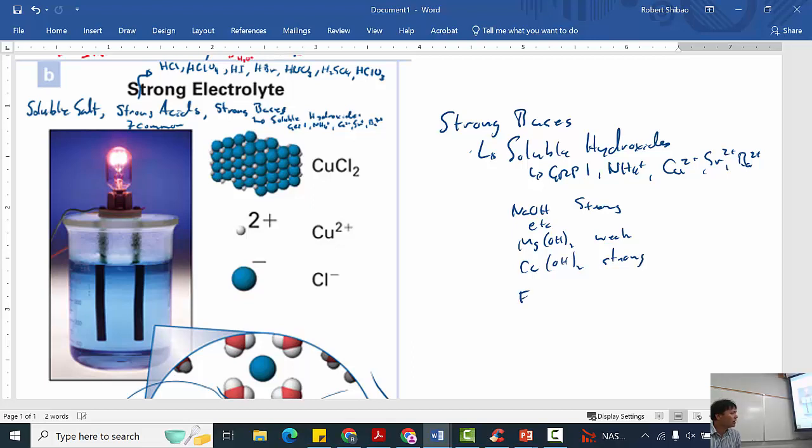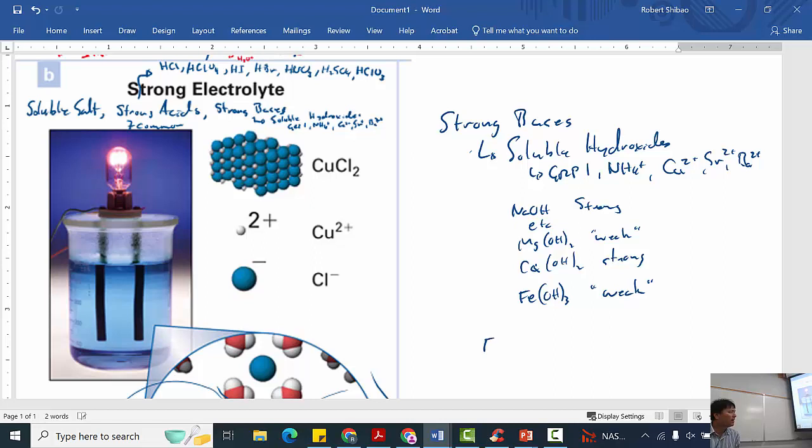Iron 3 hydroxide, okay? The reason why iron 3 hydroxide is weak is because it's not very soluble. Now, what I mean by weak is very tricky here because I'm mixing up my definitions of electrolyte.